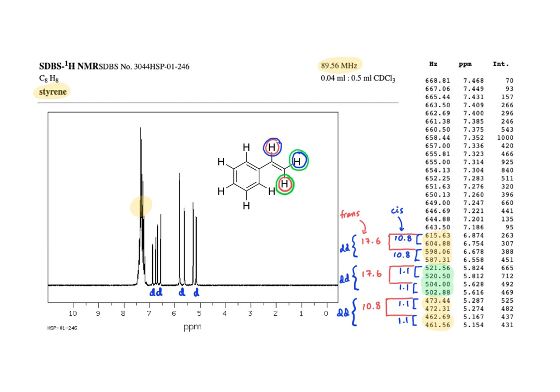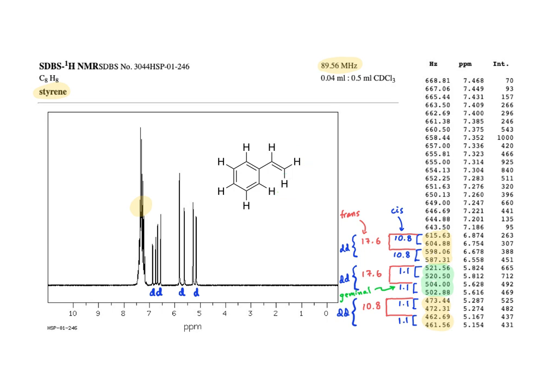One is trans to the benzene ring, the other is cis to the benzene ring, and these have a coupling constant of 1.1 hertz, which is fairly typical for an alkene with a dihedral angle of about 120 degrees.